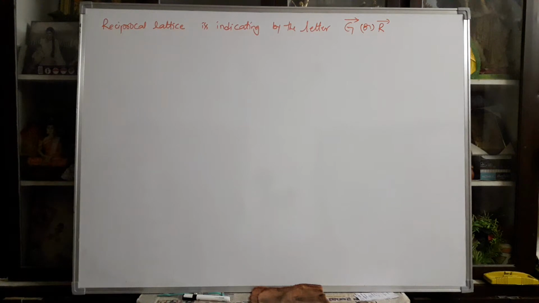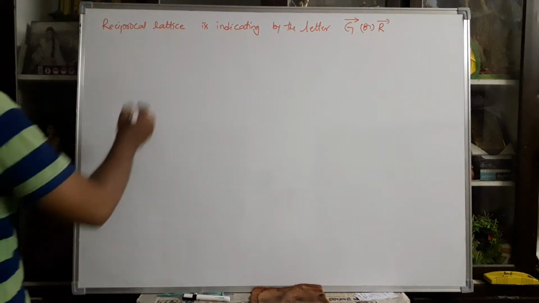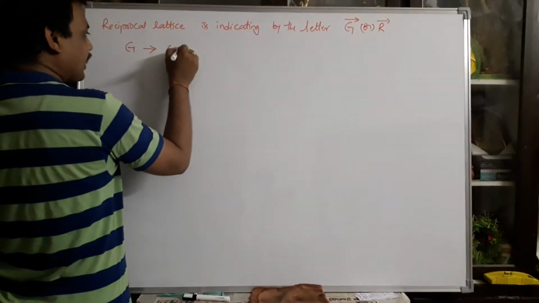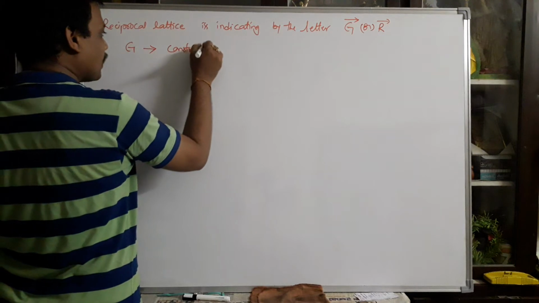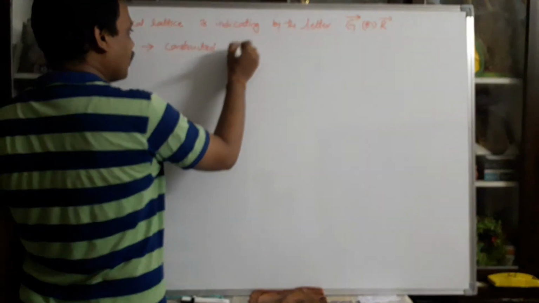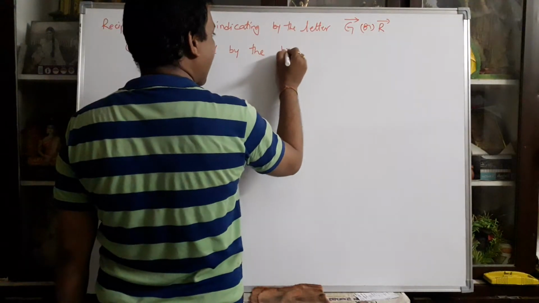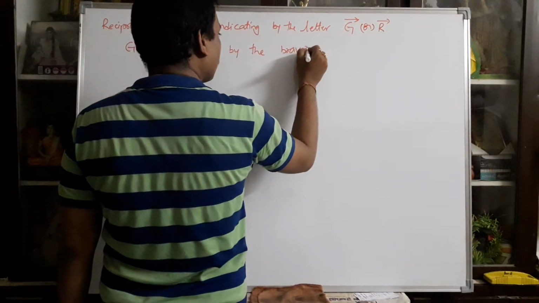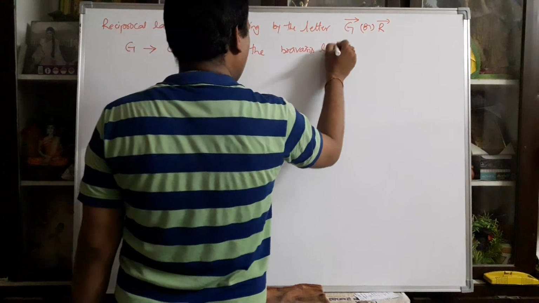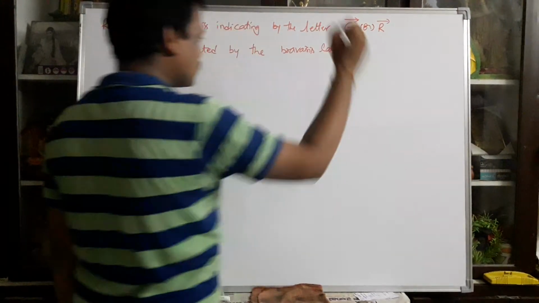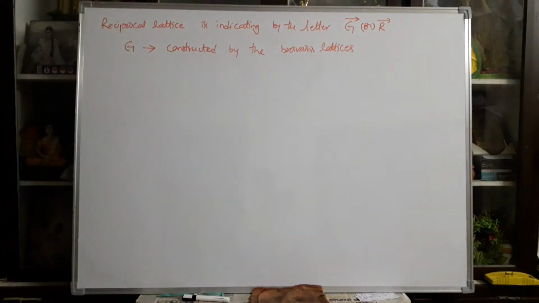This vector, capital G, or the reciprocal lattice, is constructed by the use of Bravais lattices.